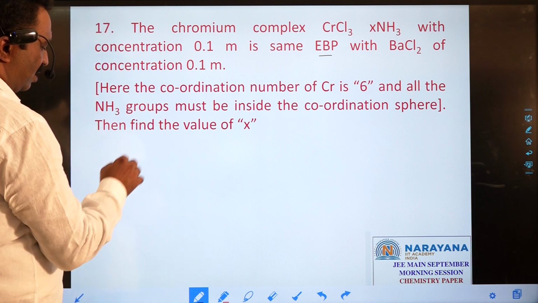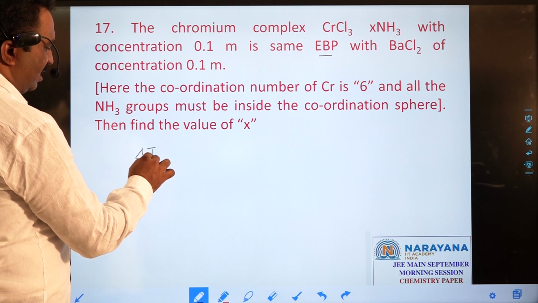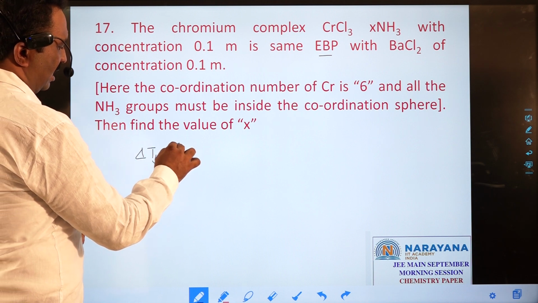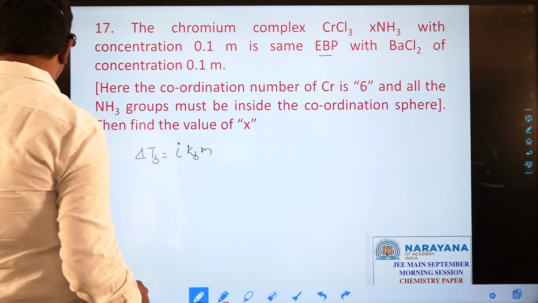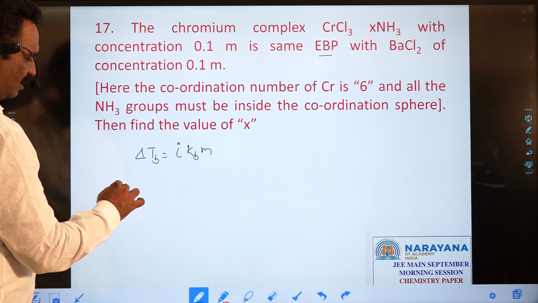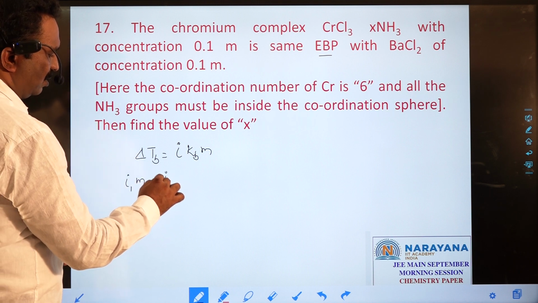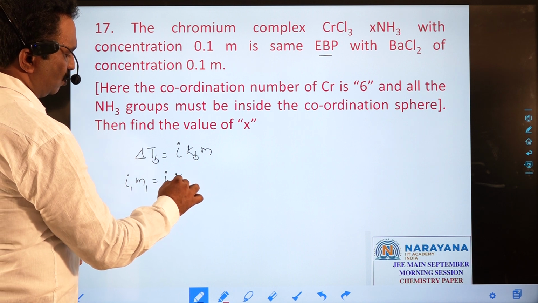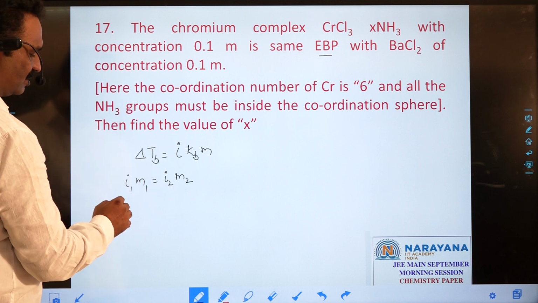Now here you can identify elevation in boiling point. Delta Tb is equal to i into Kb into molality. So i1 into m1 is equal to i2 into m2, molality for those two solutions.